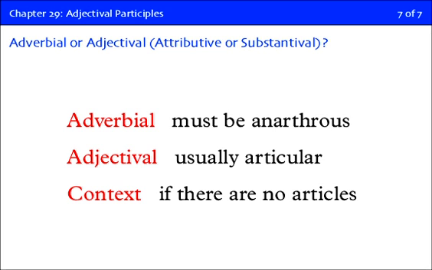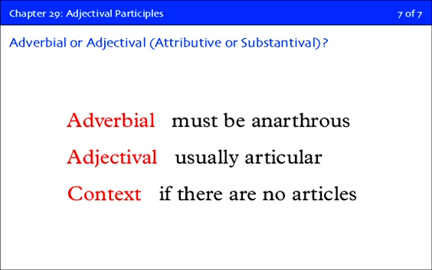Adverbial participles must be anarthrous. Adjectival participles normally are articular. If you want to flip it around, if you see a participle that is anarthrous, it probably is adverbial.